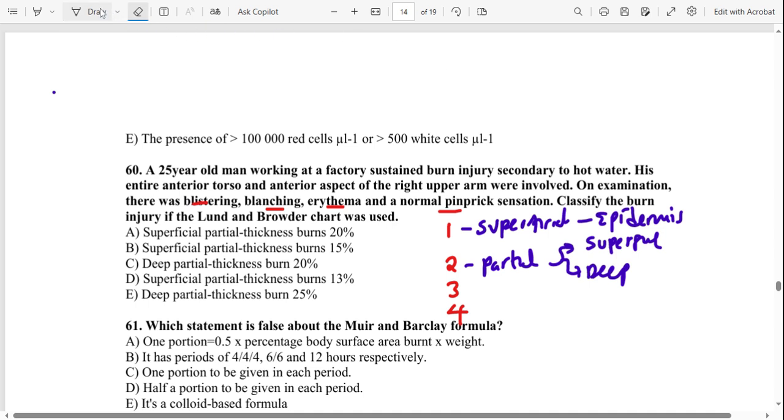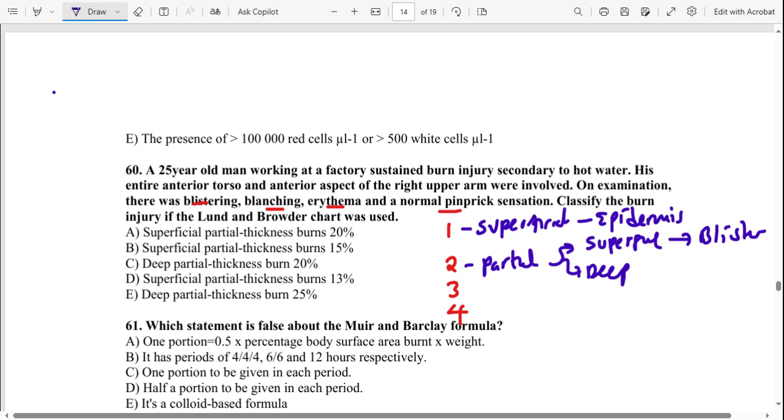When it comes to the superficial partial, the way you differentiate it from the superficial is that it shows blisters, along with the other features of the superficial ones: pain, redness, blanching and such. Basically the same, right? But what is the distinguishing feature for the deep partial?